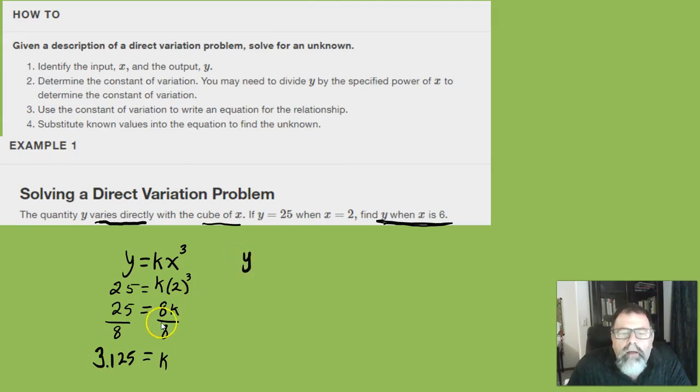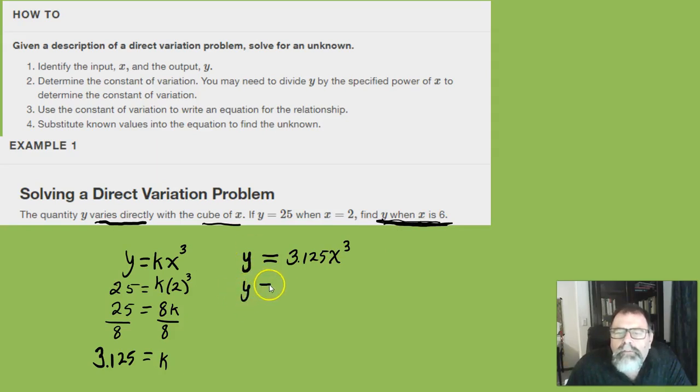Once you have k, you go back to the original model and plug the k in. So it's 3.125 x to the third. This is our equation of variation, once we know what k is. Now the second part is we can answer, what's y when x equals 6?